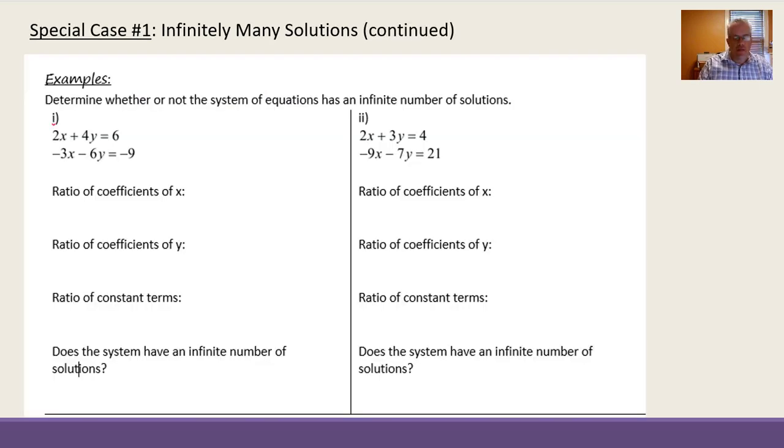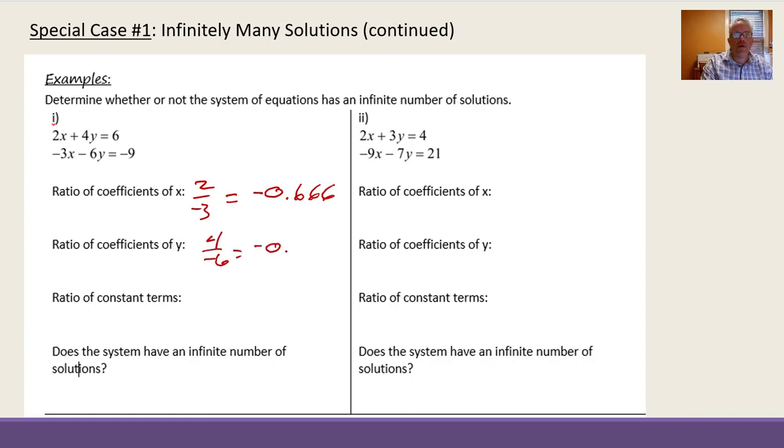Okay, so let's practice that a little bit. Our goal is to determine whether these have an infinite number of solutions or not. So we're going to form the ratios for x. This is 2 over negative 3. And I'm going to find the decimal to make it a little bit easier for us to compare. So it's negative 0.666 repeating. The ratio for y is 4 over negative 6.